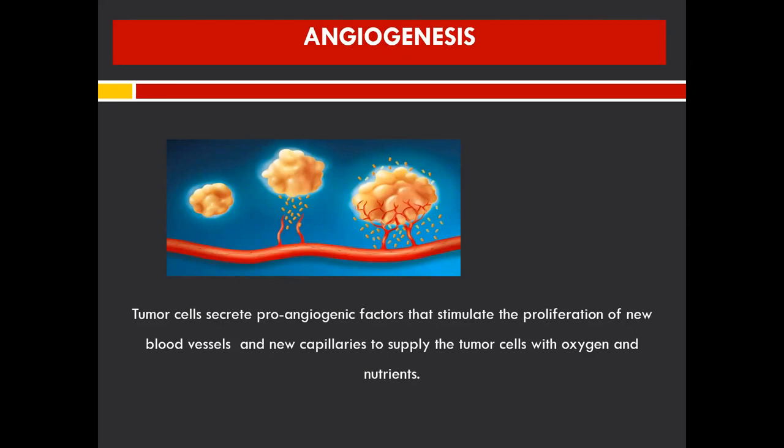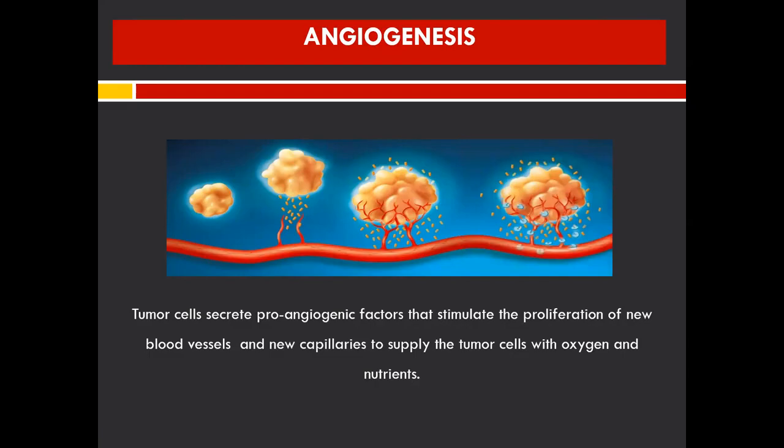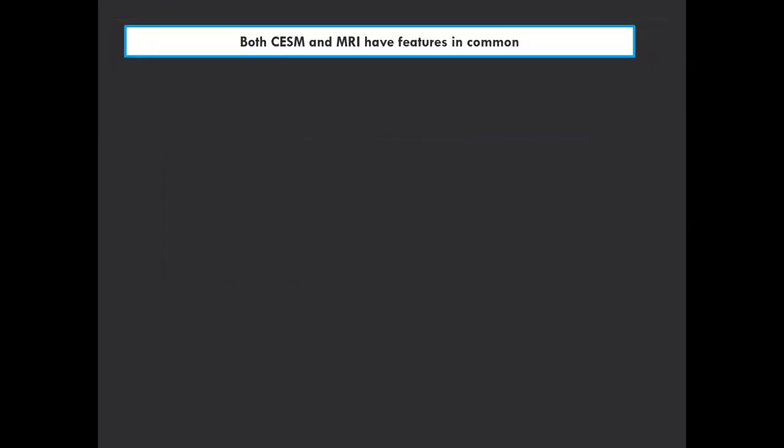But actually, these tumor vessels and capillaries are not well formed. They allow leakage of the contrast media within the surrounding parenchyma and within the tumor itself. And that is why we can see malignant lesions evidently enhancing within the breast. And this is the main principle that we use in MRI and contrast mammography.